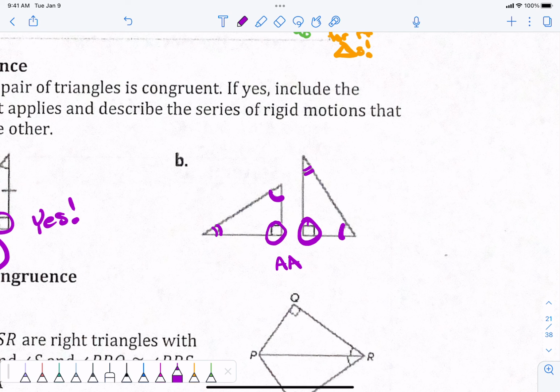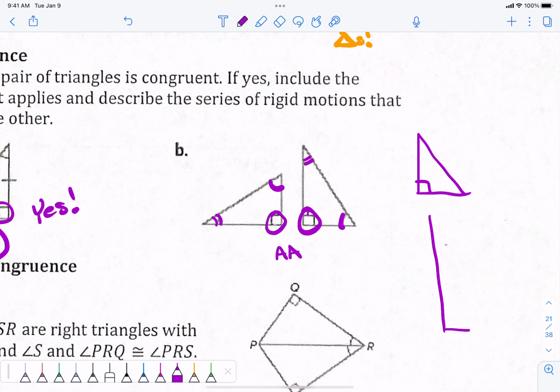It could be a bigger size, but not the same. I can have this right triangle, and I could have another bigger one, even though both have a 90-degree angle. Like this could be 30, this could be 60, this could be 30, this could be 60, but the one is definitely larger than the other. So this one is a no, they are not congruent.